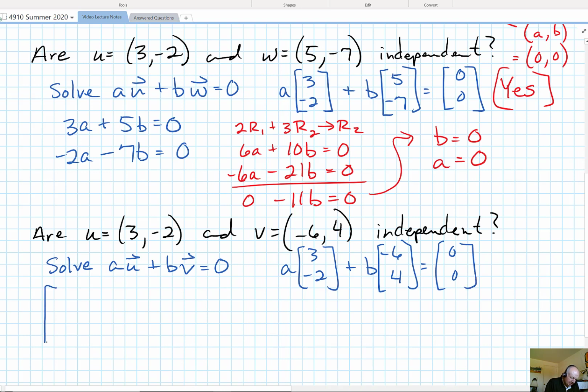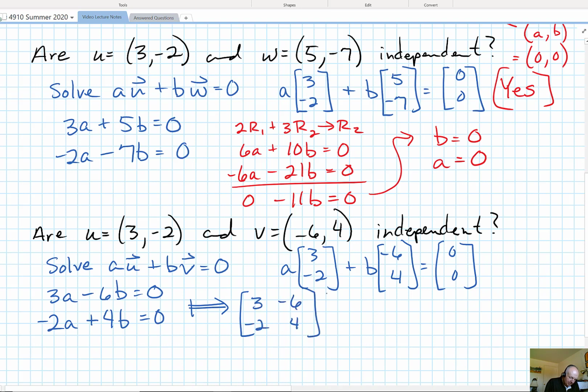That is 3a minus 6b equals 0, minus 2a plus 4b equals 0. And if I want to go crazy and change this to matrices, it looks like this: 3, minus 6, minus 2, 4 times a, b equals 0, 0.